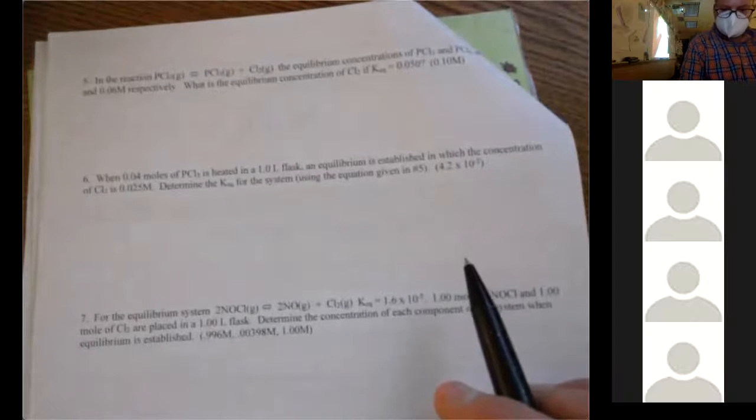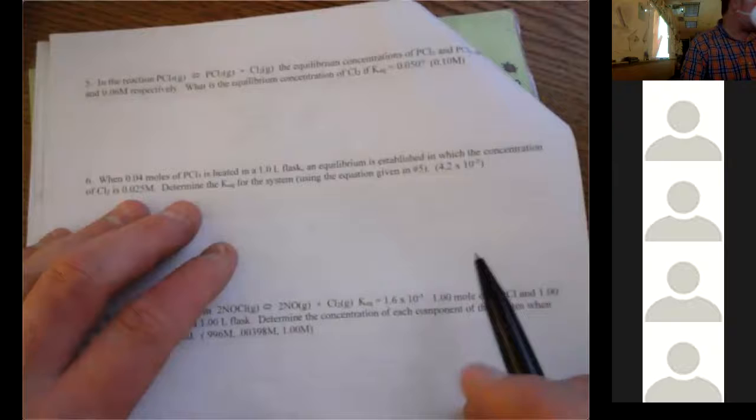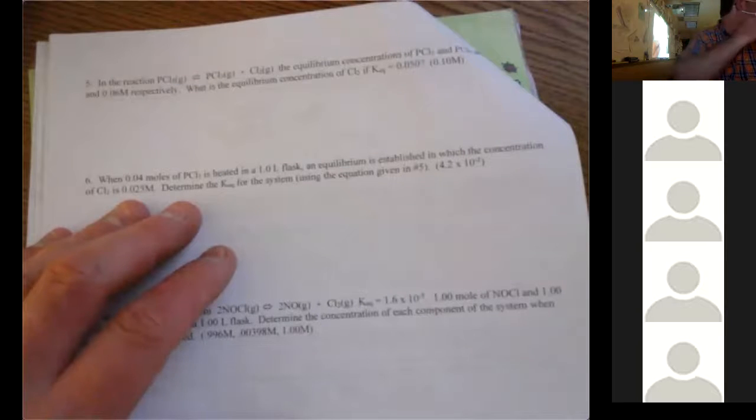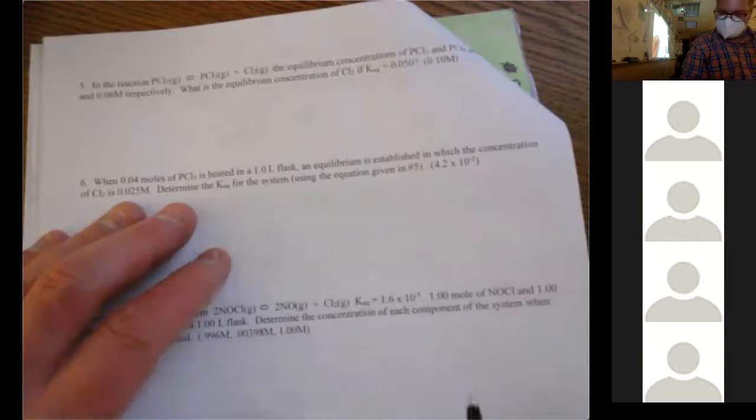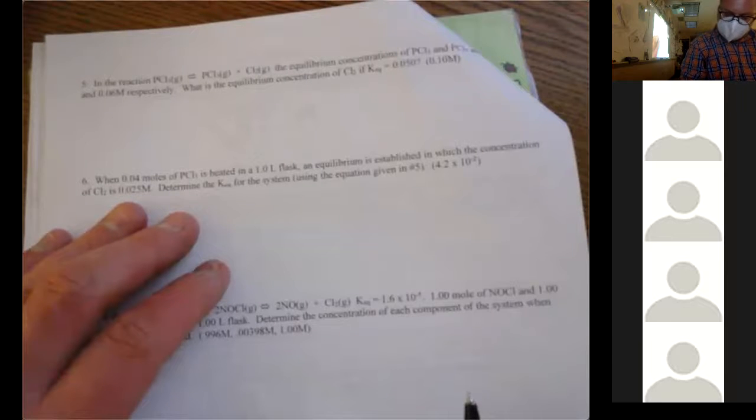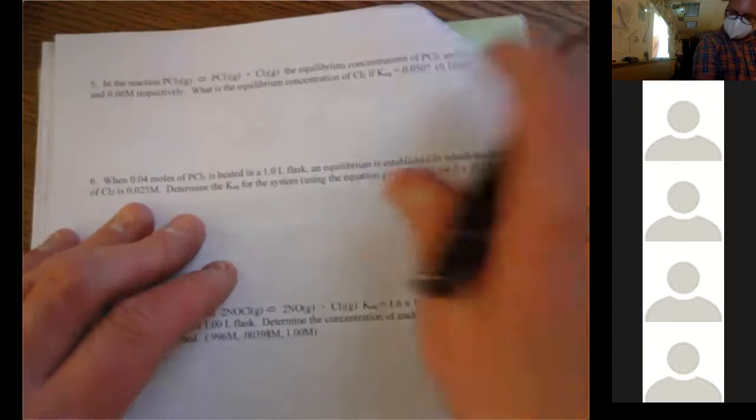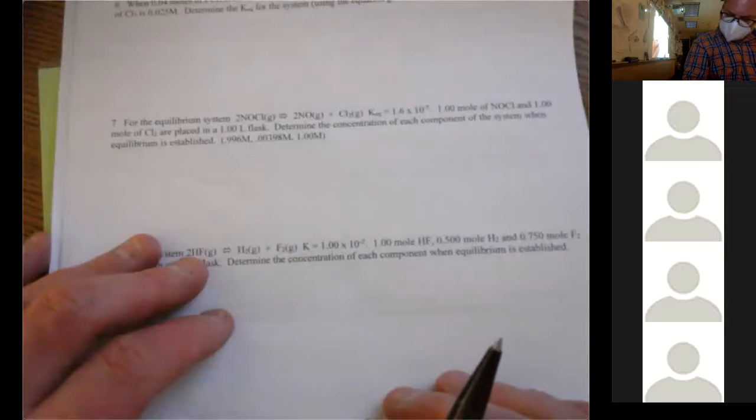Five. What do you mean? You can just take the square root of both sides. You don't have to use the solver. You could, but you don't have to. There we go. Number 7 looks ugly. Oh, but number 8 looks real fun. I'll leave 8 for you.